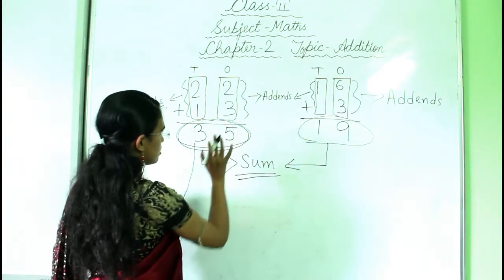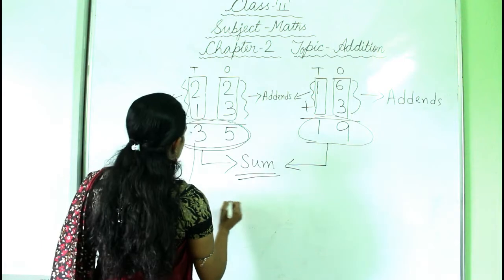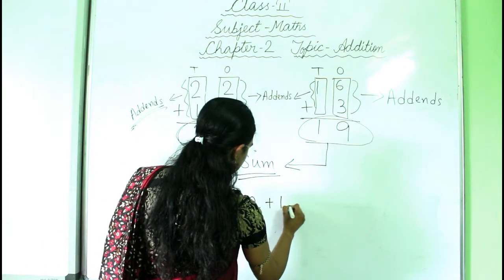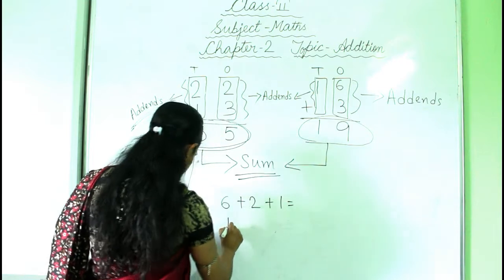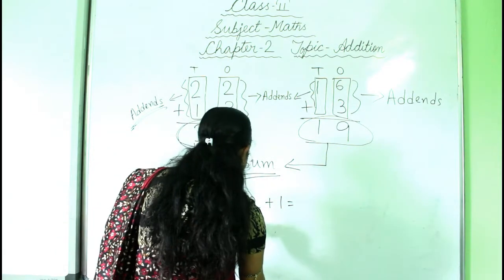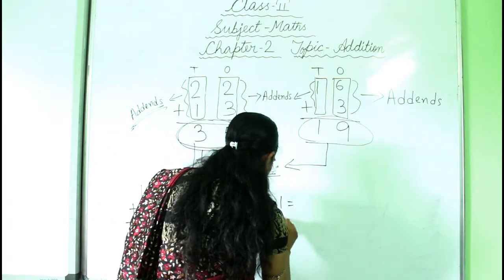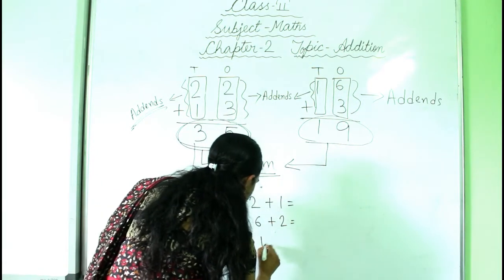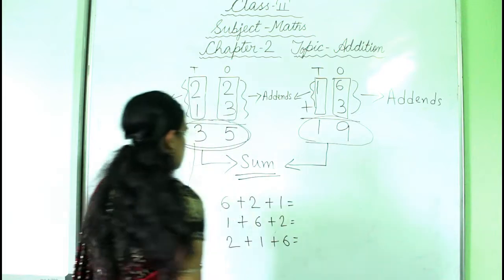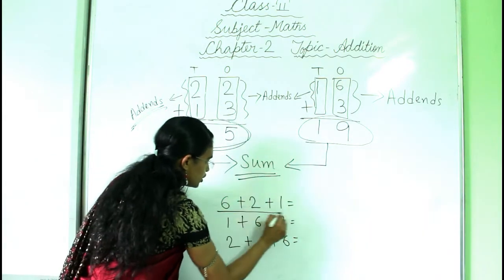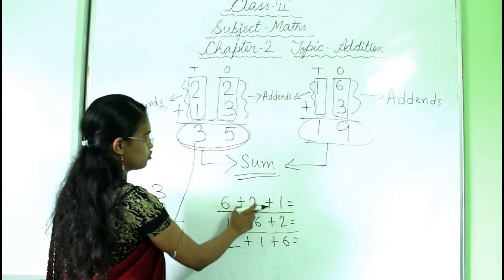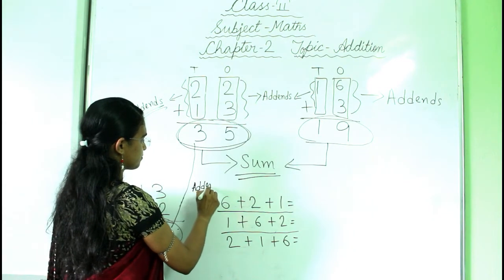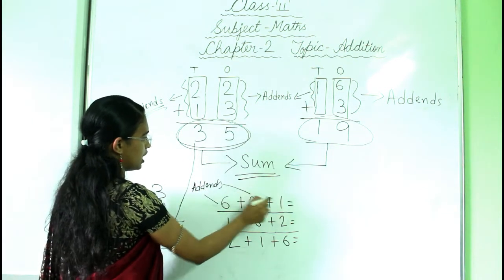Now we can do these things in another way also, like 6 plus 2 plus 1, or 1 plus 6 plus 2, or 2 plus 1 plus 6. Look, our first question is 6 plus 2 plus 1. These are addends, right? These all are addends.